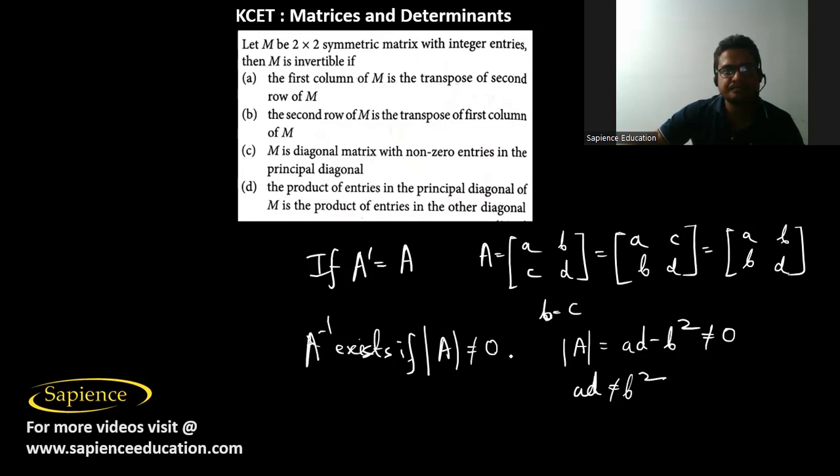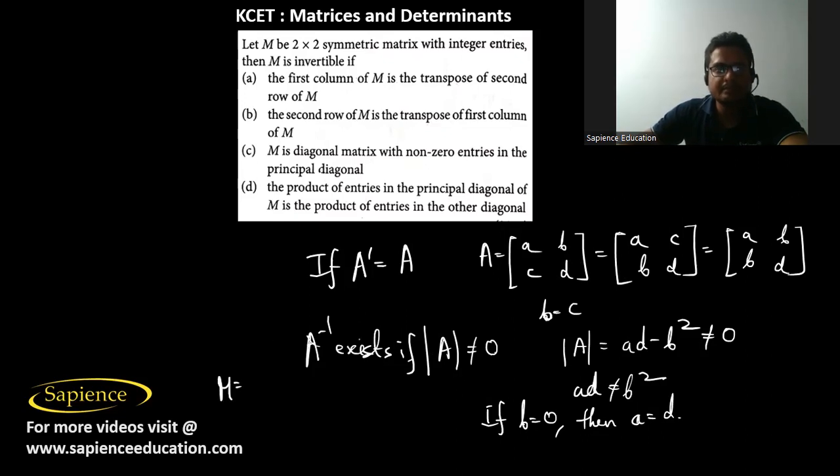So if I take B as 0, and I can take A equal to D also, then the matrix M should be of the form A, 0, 0, A. So it should be a diagonal matrix with non-zero entries in the principal diagonal, since A square should not be equal to 0.